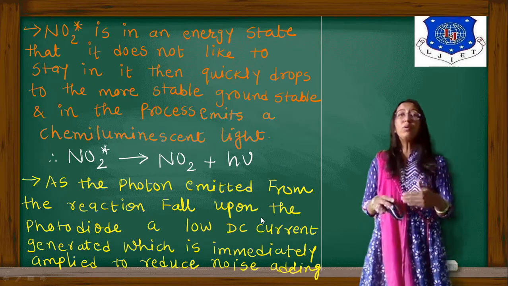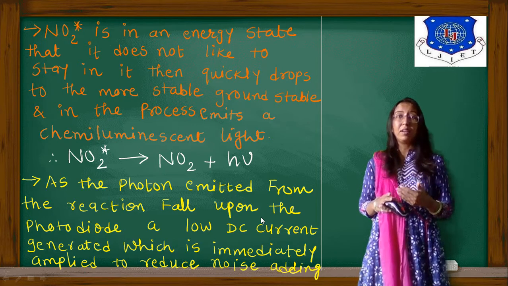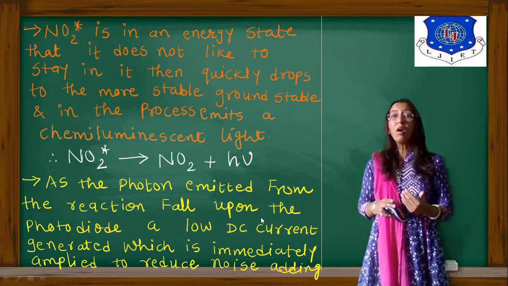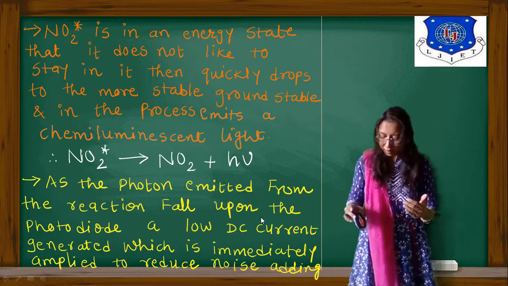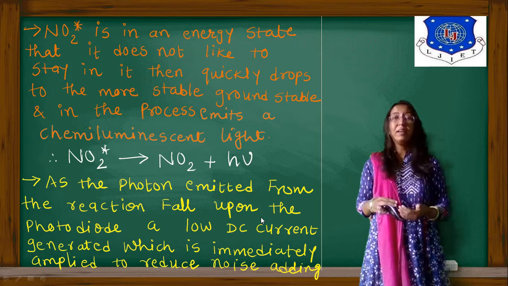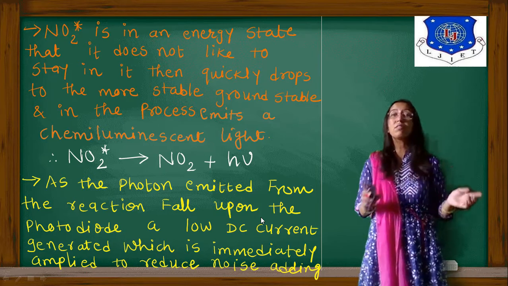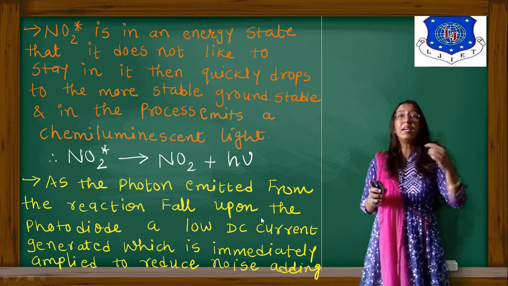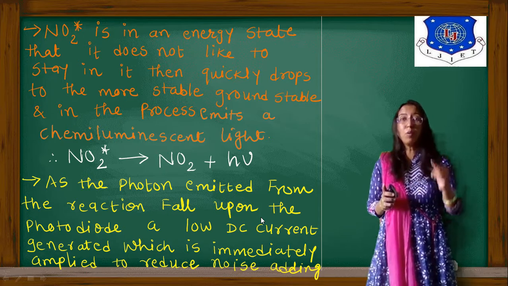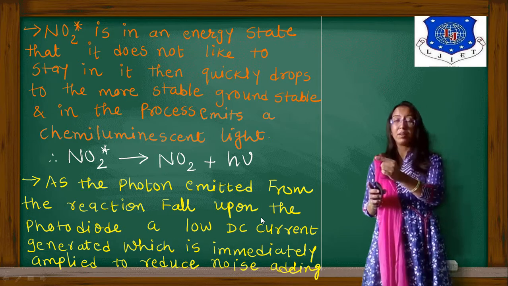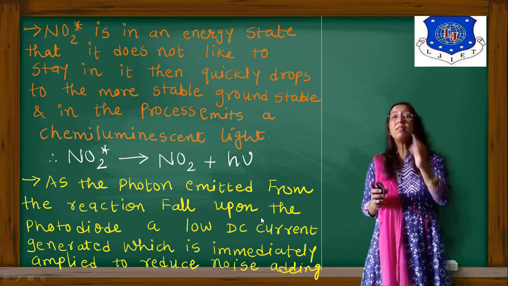NO2* is in an energy state in which it does not stay long; it quickly drops to the more stable ground state. In the process it emits chemiluminescence light.